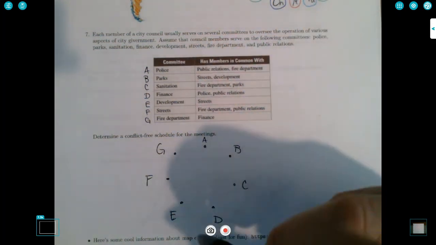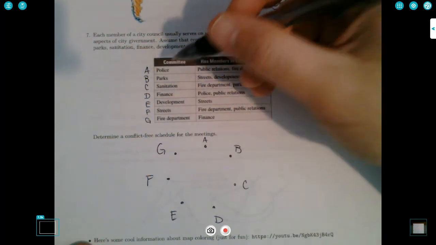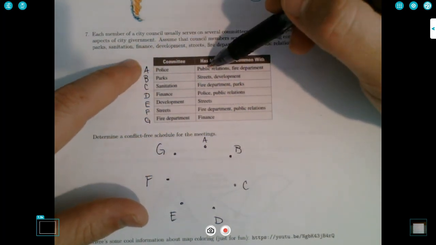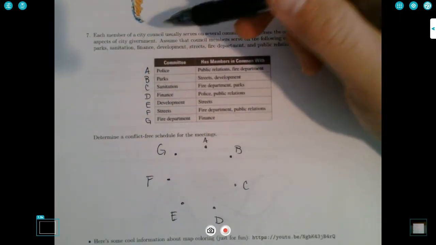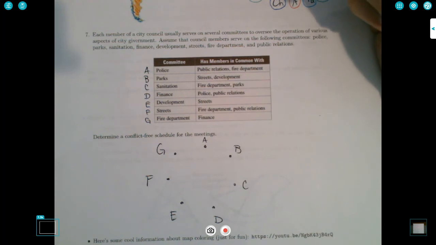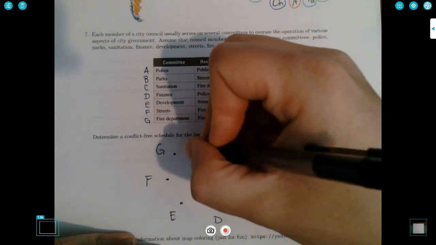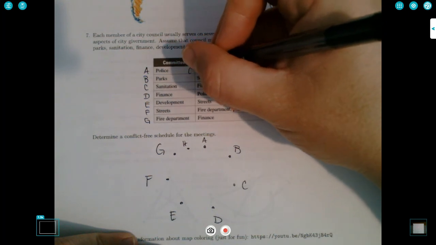So like the police committee, for example, that was A. That's a bad labeling system. It's going to get confusing. But police has public relations. Shoot, this doesn't even list all of them. So I need to have one for public relations too. So maybe public relations will be H. So public relations is H.